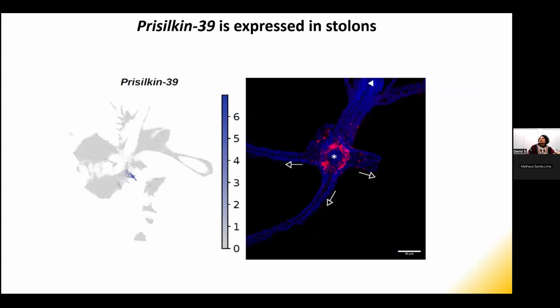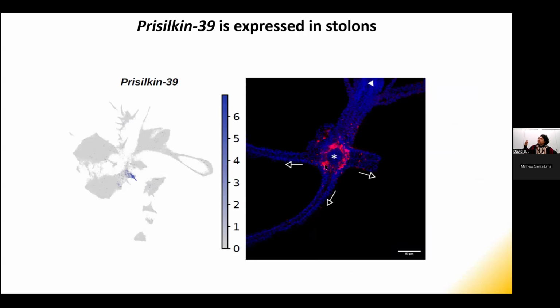And more than that, we isolated the pre-silkin 39 gene, and we did fluorescent in situ hybridization. And we see that it's indeed localized. So this is a forming colony from below. This is the polyp, and this is the beginning of the stolon network.